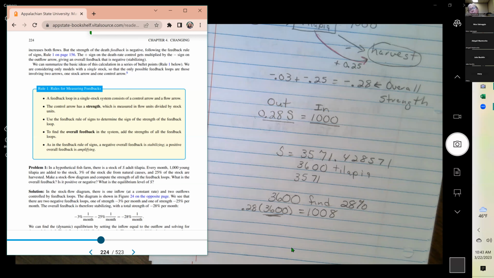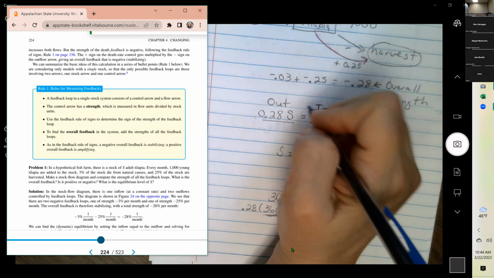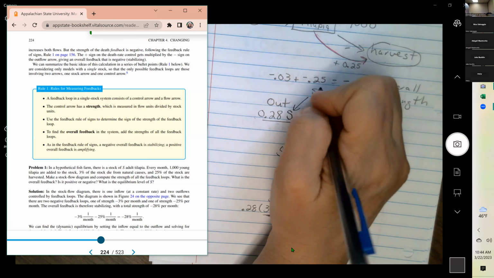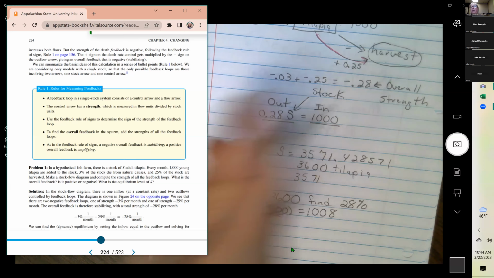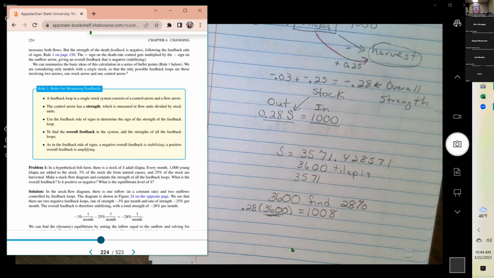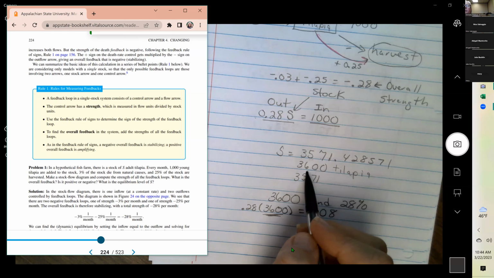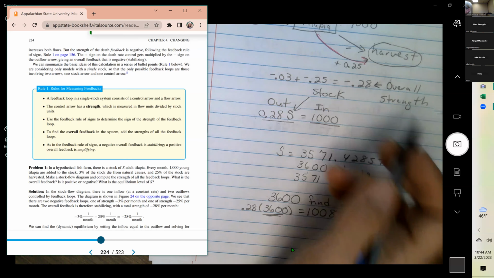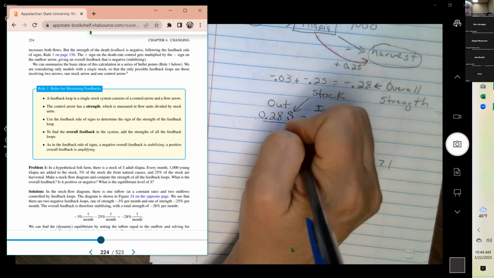So you divided it to see what the equilibrium of it would be, which is 3,600. I divided by the 0.28 because this S was the stock. And I wanted to find out how many fish were in there to start with. And so there's 3,600 to start with. I divided this to get the S for stock by itself.